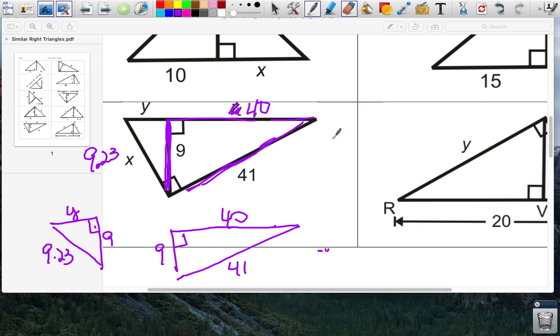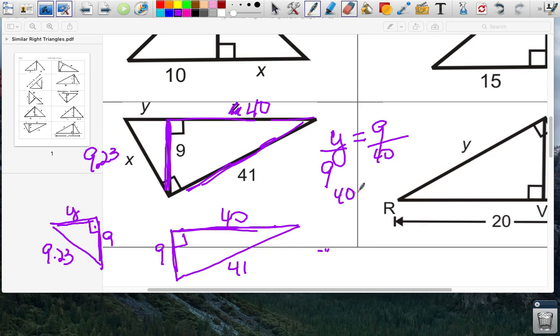And actually this is 9.2. On the small triangle, y, which is the short side, must match the short side of this, which is also 9. Right? This y here and this 9 are the same side. And then let me pick this 9 because I don't want to deal with decimals. But this 9, which is the second to largest, matches up with this one. So this 9 and this side matches up with 40.